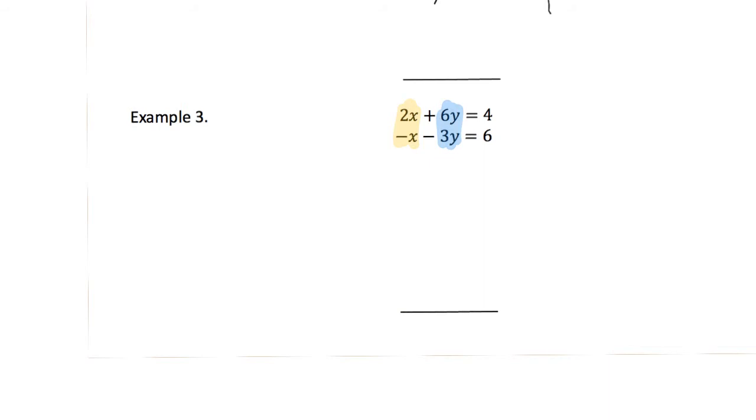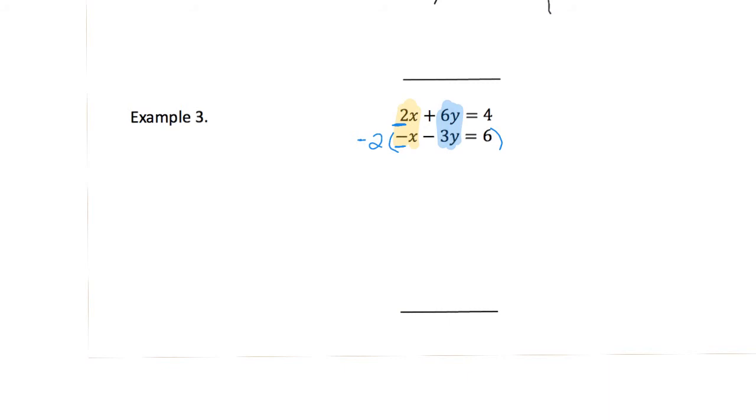In this case, it doesn't really matter. I'm going to get my x's to be the same. Since this is a positive 2, and this is a negative 1, I'm going to multiply this bottom by negative 2.